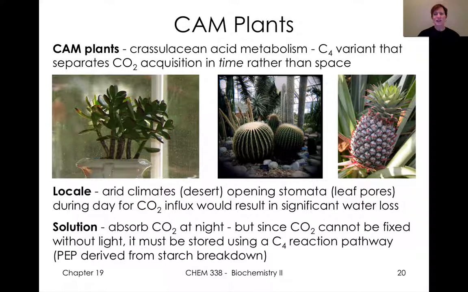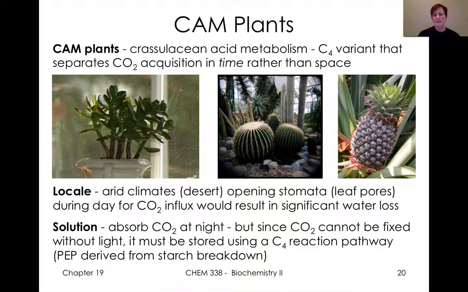It's a variant that separates CO2 acquisition in time rather than space, and I kind of hinted at this. It's a special kind of C4 plant that, because they live in very arid, dry climates, really can't open their stomata during the day to bring in CO2. So they open up their stomata at night and bring in CO2 at night, but remember, we're not doing the Calvin cycle at night.